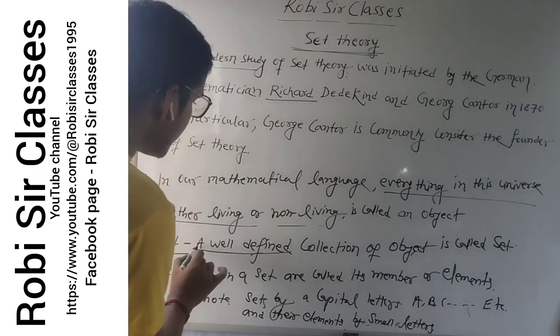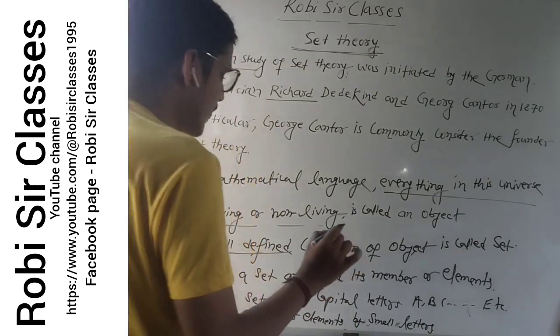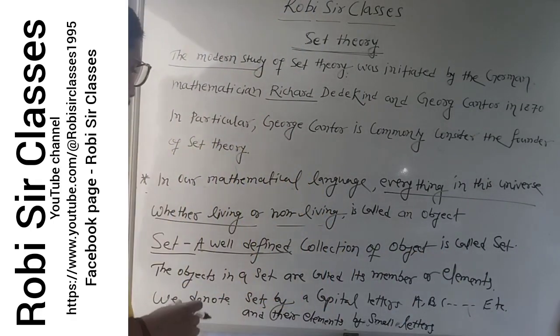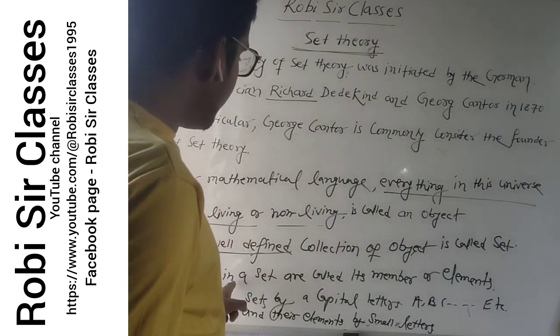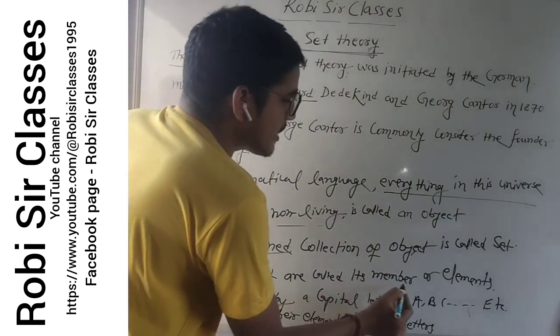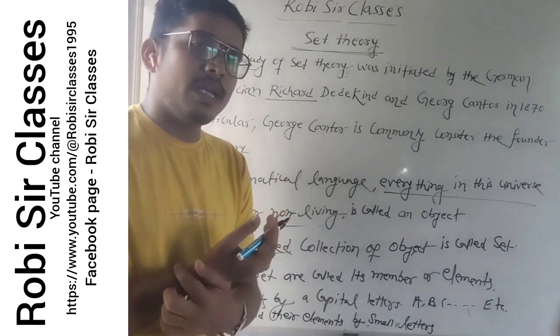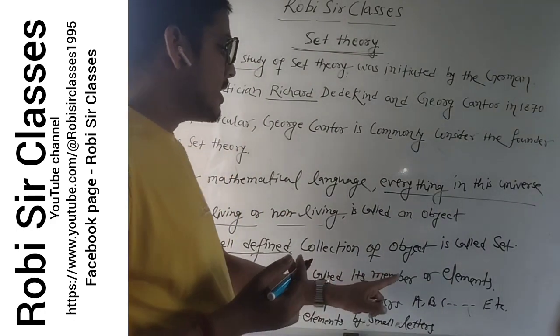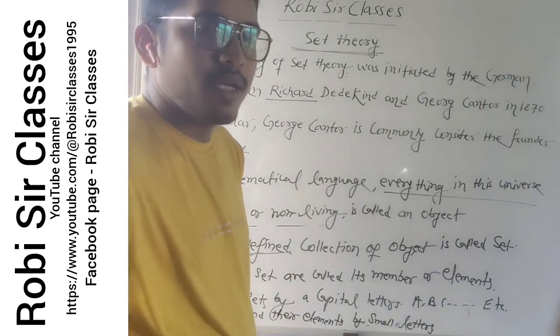So this statement is verified. A well-defined collection of objects is called set, and the objects in a set are called its member or element.